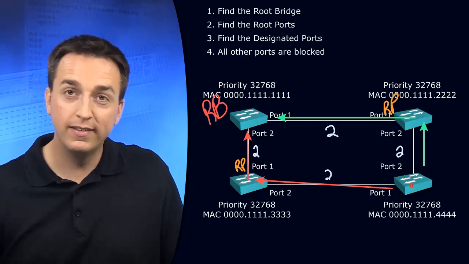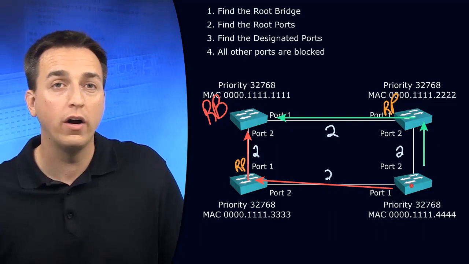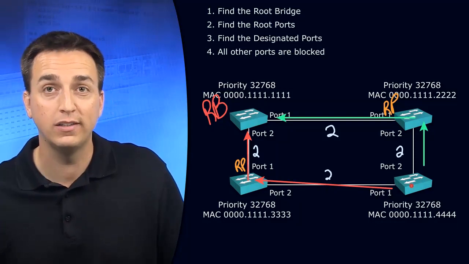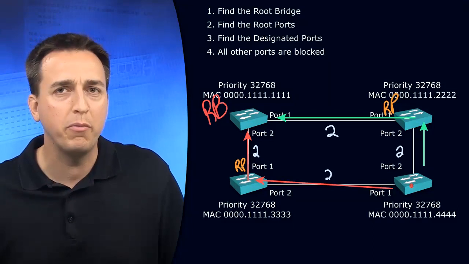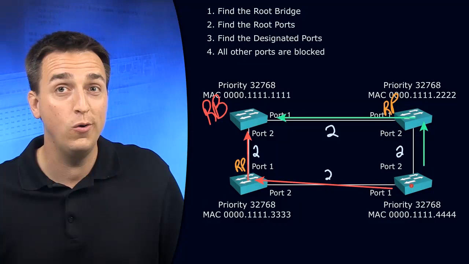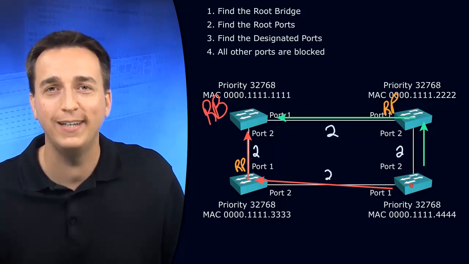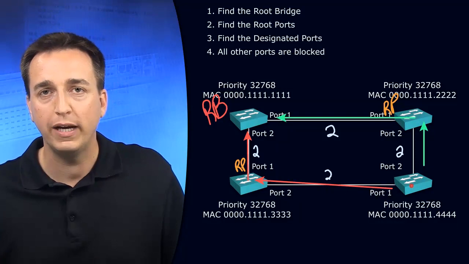Did you say tied? I hope you're saying tied. Because the green path has a total cost of 4, and the red path has a total cost of 4. Therefore, we have a tie. Remember, lower is better with spanning tree protocol, and ties are not acceptable. So we have to break a tie.